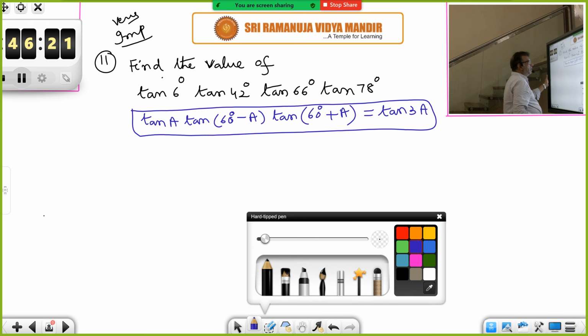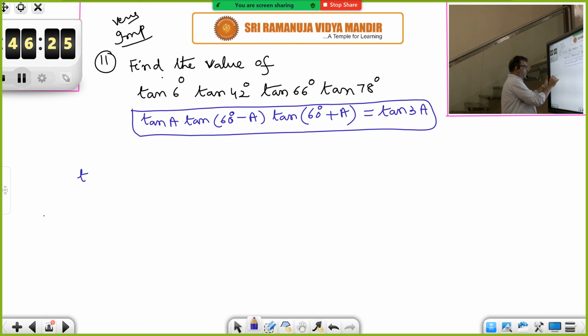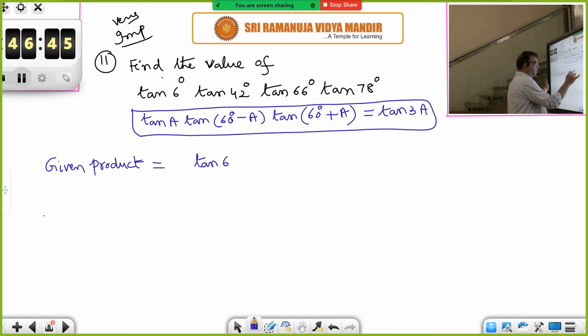So, let us call it the given product. The given product is the product of 4 factors. So, given product is equal to, come on, tan 6 degrees, tan 60 plus 6 degrees is there.